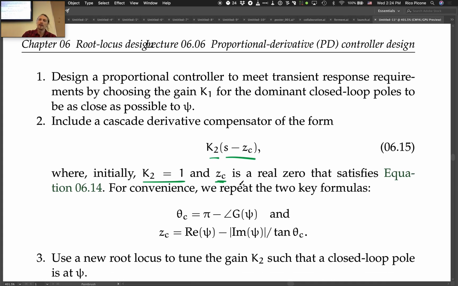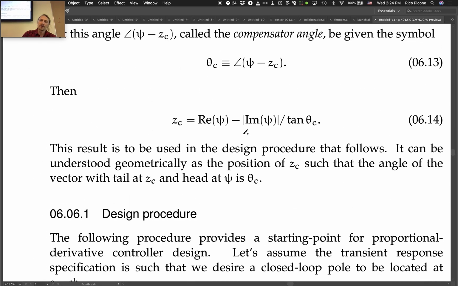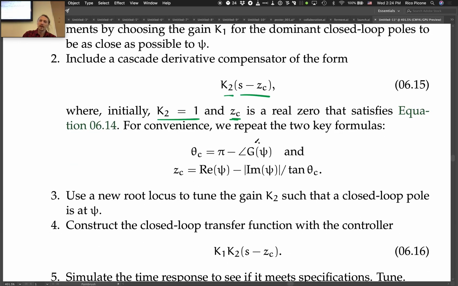Good. So we need to choose ZC such that it satisfies equation 6.14, which is right here. I repeated the two formulas that are very important. The first formula is you can calculate theta C by evaluating the transfer function at the test point and subtracting that from pi. And remember, there's a 2 pi modulo on here too, so you might need to add 2 pi or subtract 2 pi.